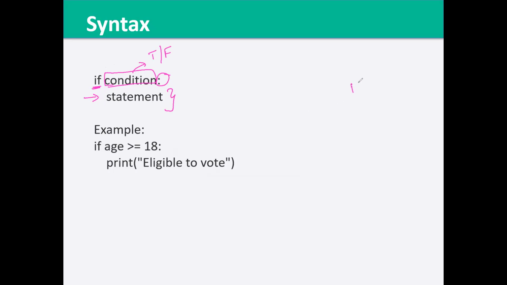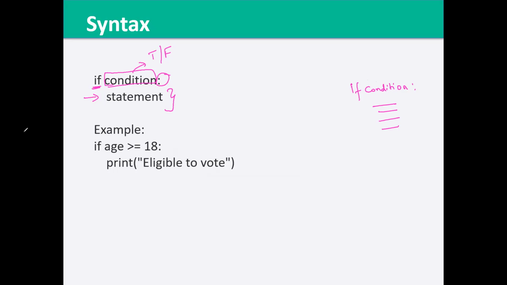For example, I have written an if condition and certain statements. These four lines of code have the indentation, which means these four lines correspond to this if condition.